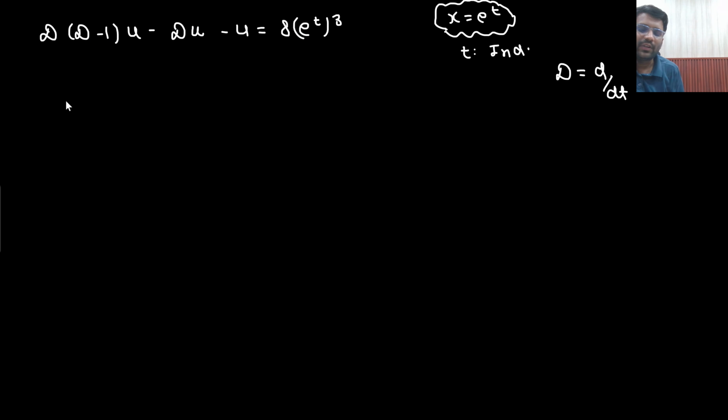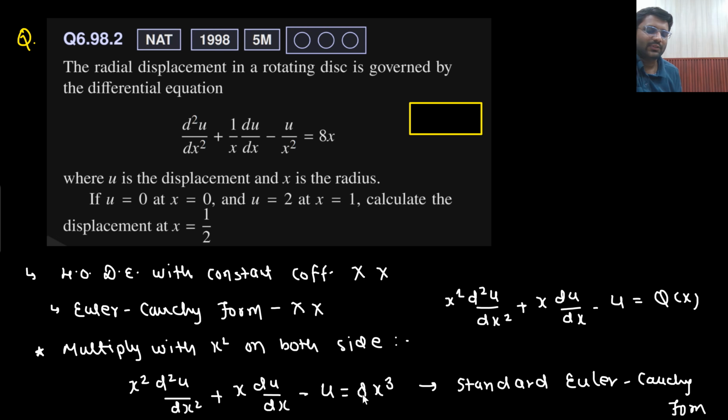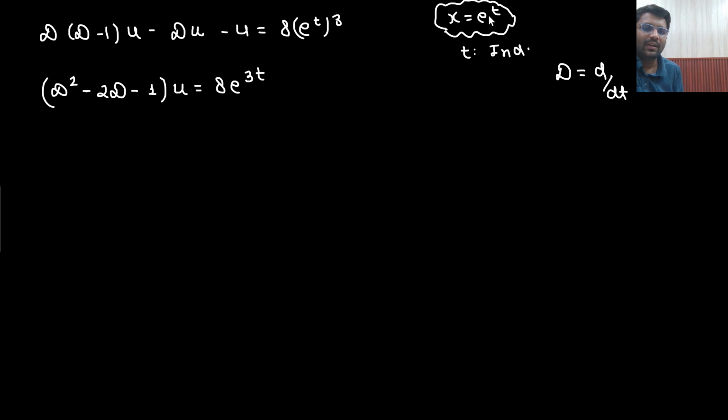So the whole equation is in terms of t. So what are you getting? d square minus d plus d minus 1 into u equals to 8 e to the power 3t. 8x cube was there, so in place of x, I have put e to the power t, so e to the power 3t. And d square plus d minus 1.